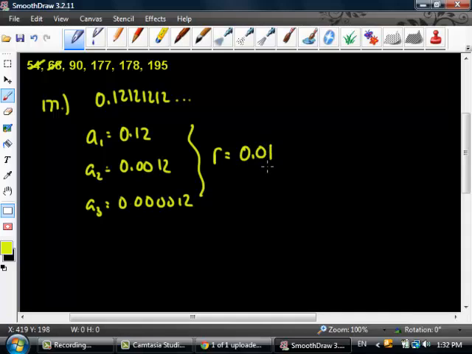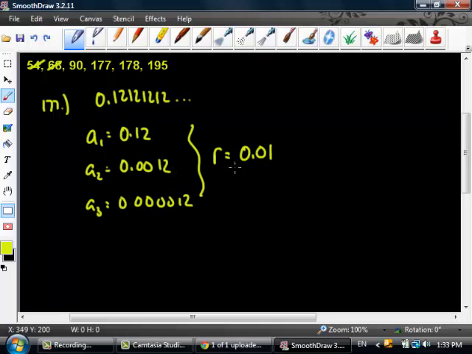Can we get a confirmation on that on a calculator? Go 0.0012 divided by... Jared? So how do you find the R? Oh, take this thing divided by this thing. Joshua? Divide A2 by A1? Yeah, divide A sub 2 divided by A sub 1.